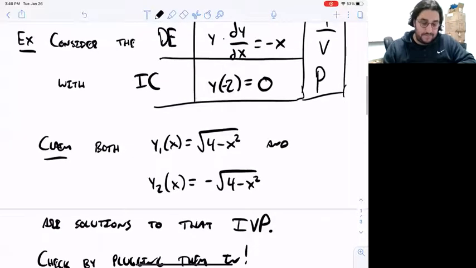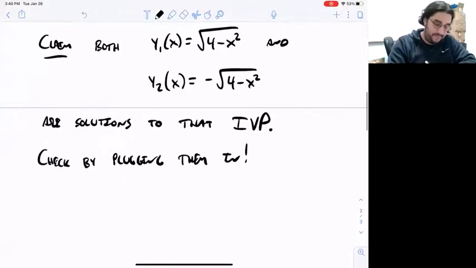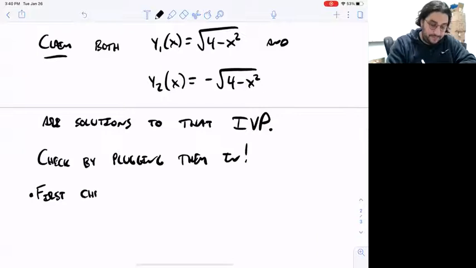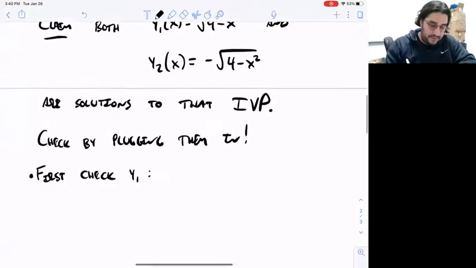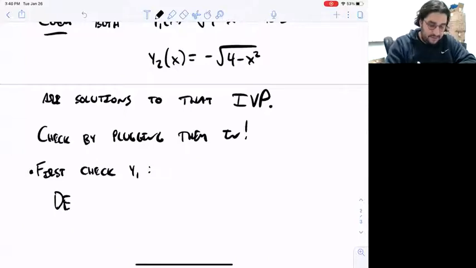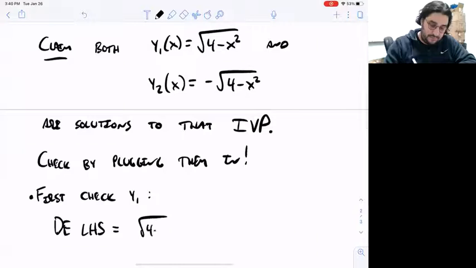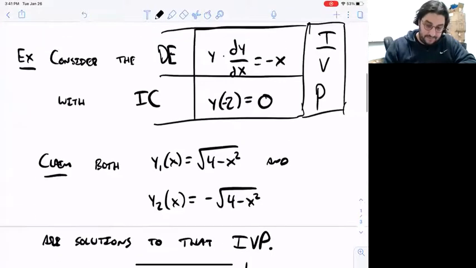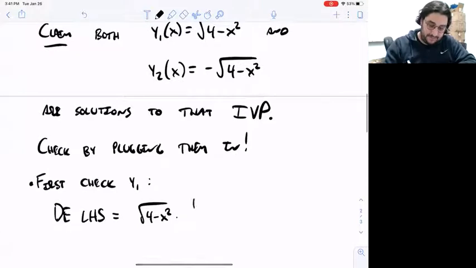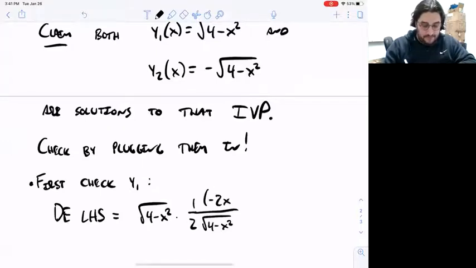First, let's check y1. Does it satisfy the differential equation? Well, the left-hand side with y1 plugged in is root 4 minus x squared times the derivative of root 4 minus x squared, which is 1 over 2 root 4 minus x squared times, by the chain rule, negative 2x.